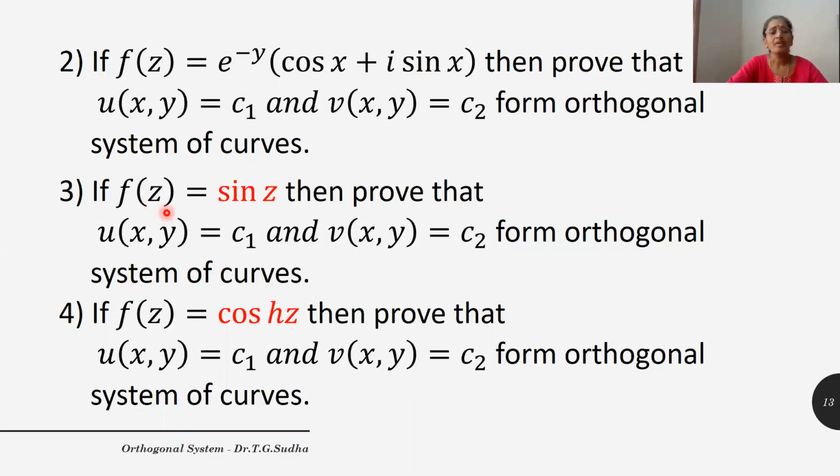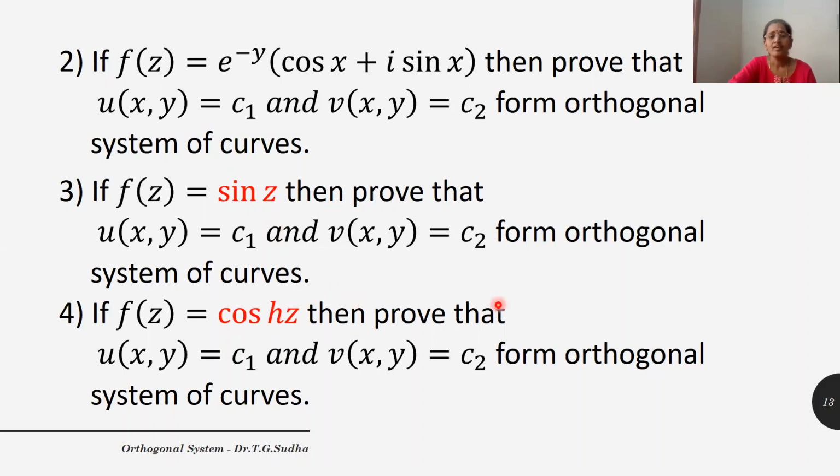The third example is f of z is equal to sin z. There is a difference between the first two problems and the third problem. The first two were given in terms of x and y, whereas the third and the fourth problems are given in terms of z. So we require one more command. Before entering f of z, we need to substitute z is equal to x plus iy.